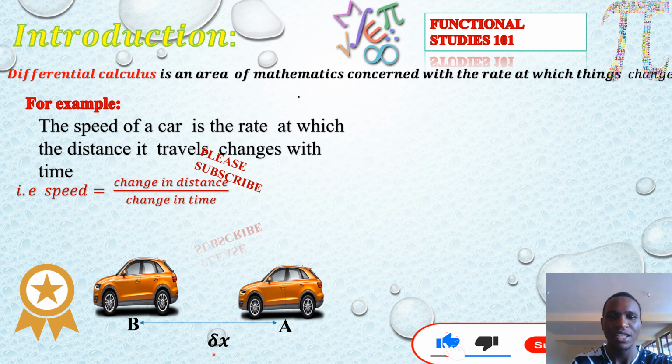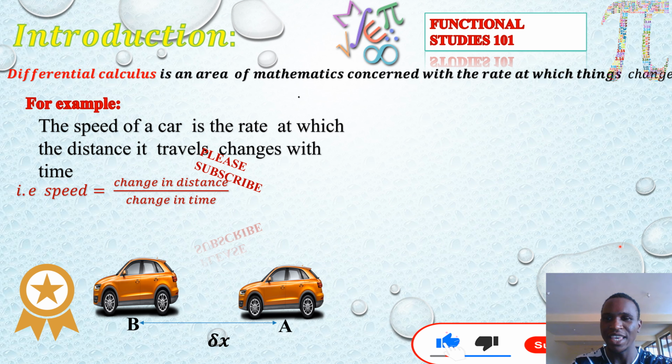That's how you read it. This is a single quantity, delta x. This is the displacement of this car from the initial point, the total distance this car has traveled in a very short period of time. That's why it's denoted delta x. Delta x is a small increment, a small change in distance.